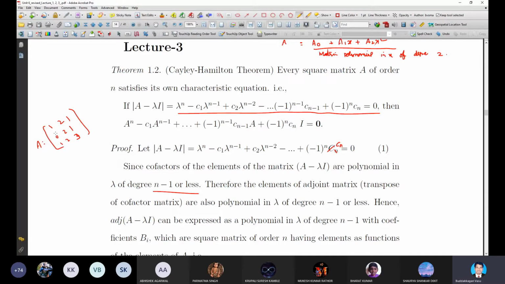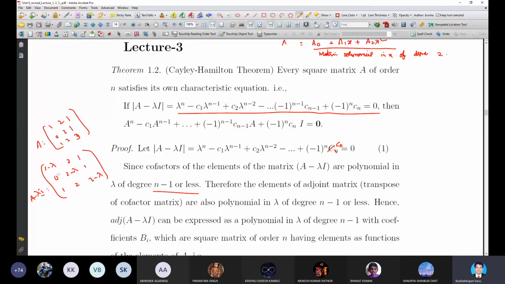This is A minus lambda I for this example matrix A. Now the cofactors of the elements of this matrix are polynomials in lambda of degree n minus 1 or less. If A is of order n by n, it gives a polynomial in lambda of degree n minus 1 or less for the cofactors of the elements of A minus lambda I, right?